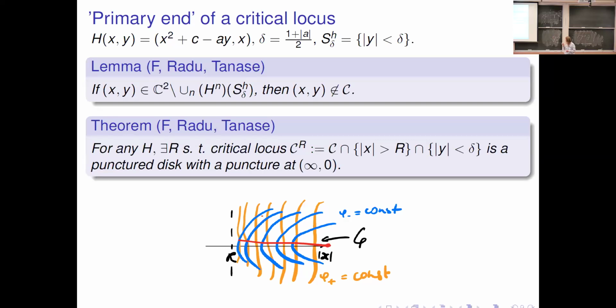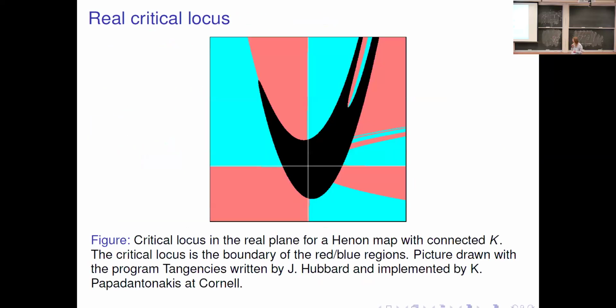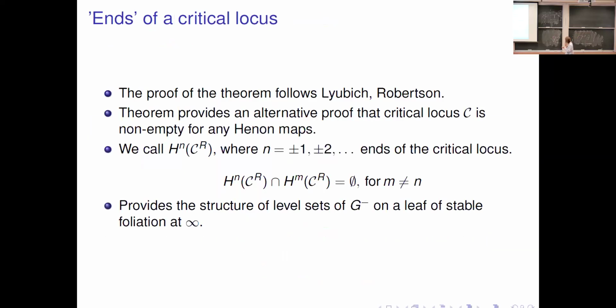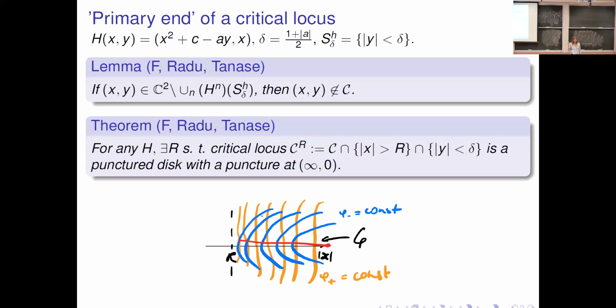This was basically done by Lyubich and Robertson. They looked at the perturbations, but we just checked that their calculation works in general. So it means we have this prime end of the critical locus. And this is another proof that the critical locus is always non-empty.